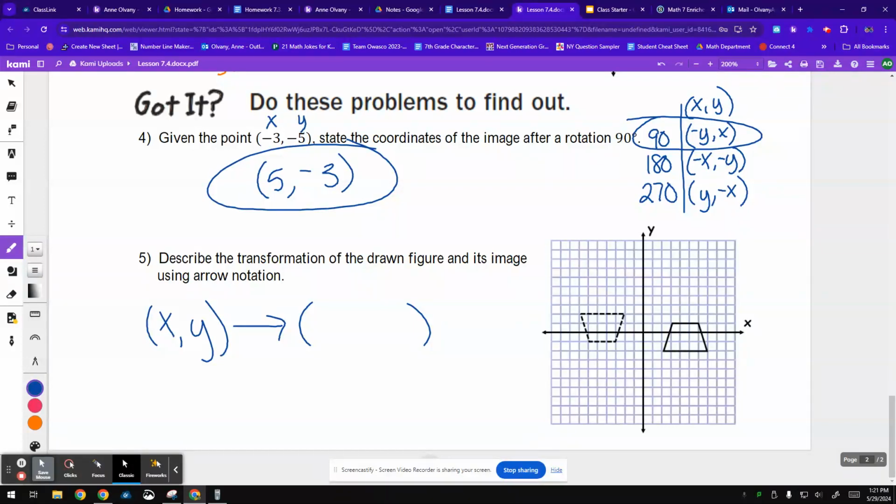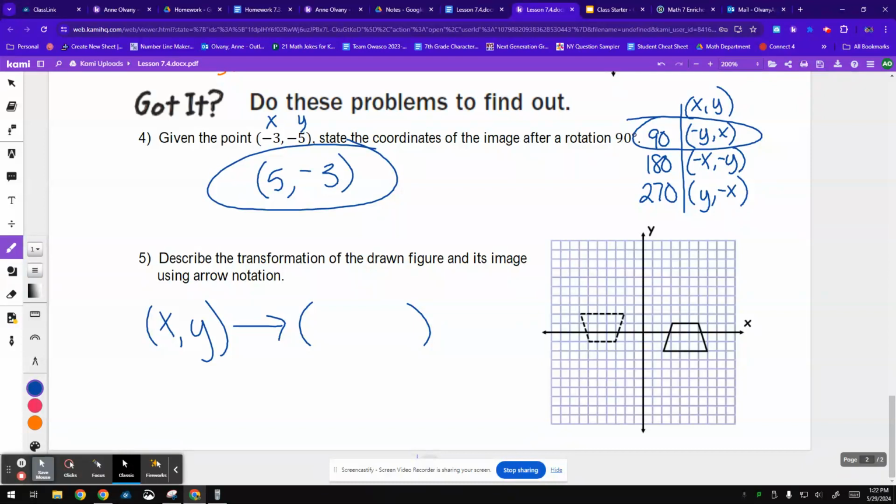Oh, look at that. Oh, that's not correct. That's not correct. Ooh, that's correct. Correct? No. Is it -YX? What did this shape do? Did this shape slide? Did this shape flip? No. So this shape turned.